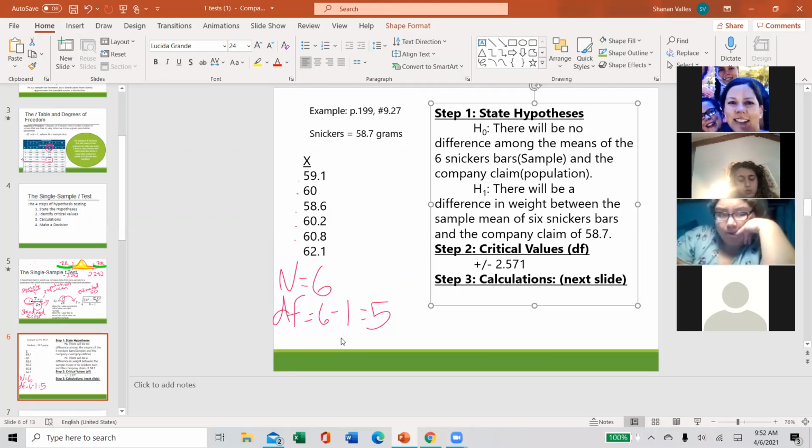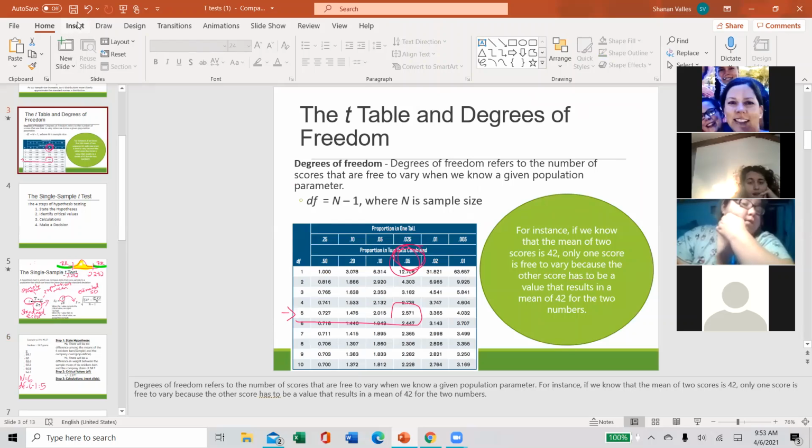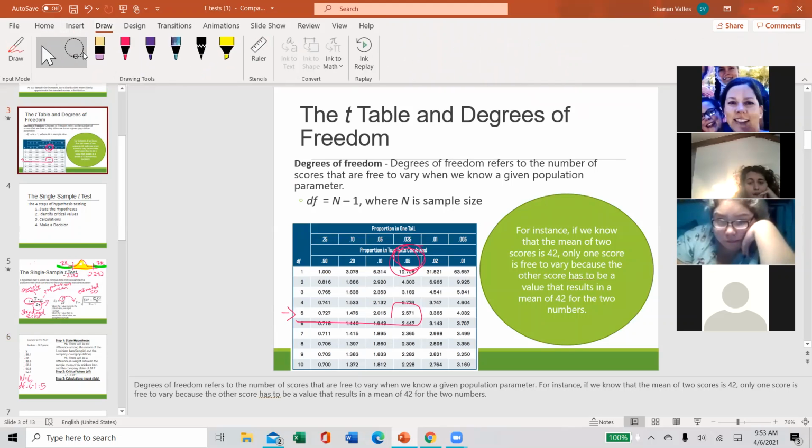If you went on in statistics, they might change their requirement, and they might say, test this at a one-tailed 0.01, or a two-tailed 0.01. That's okay. We know how to use this table, so you could do that if they want you to.